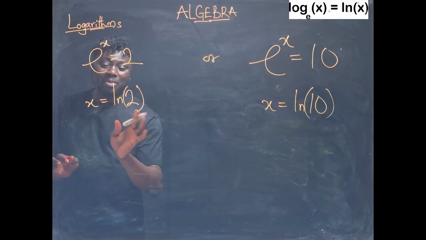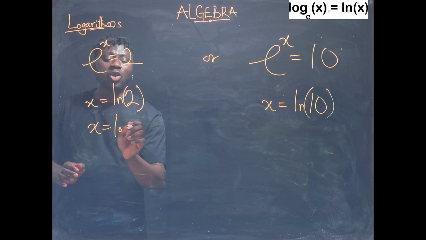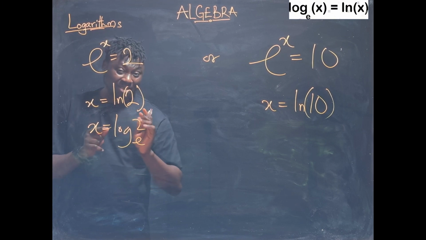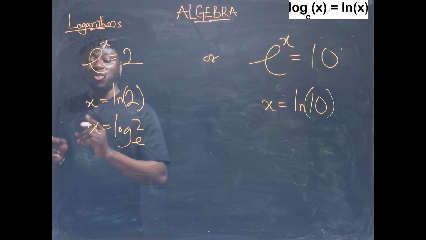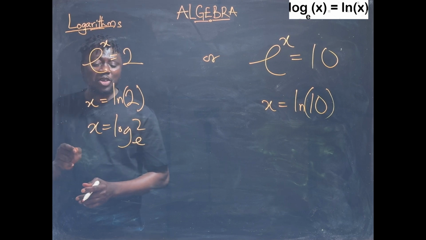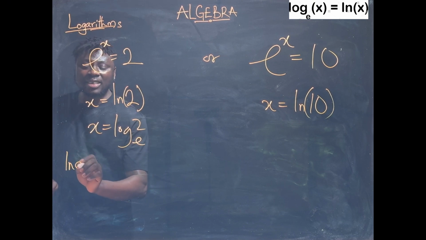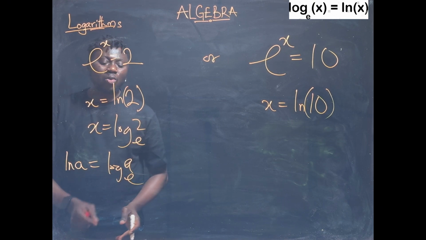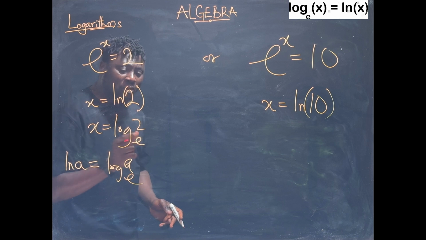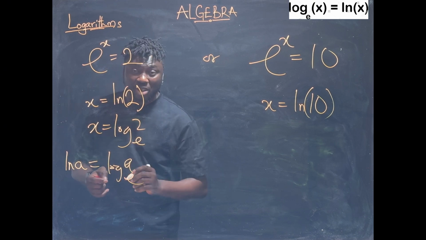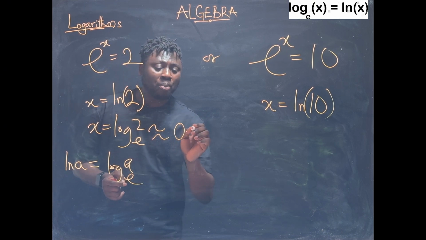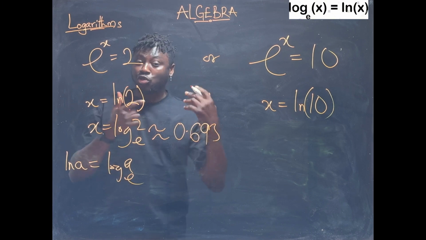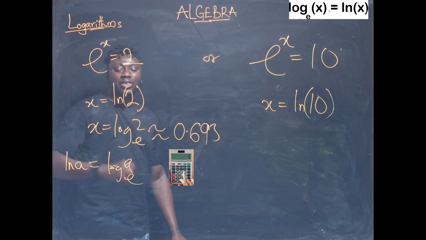Now this is the same thing as x is equal to log 2 base e. Why? Because we have said at the beginning of this video that ln a is equal to log a base e. So the numerical value of this, you have an approximate value of 0.693 if you punch this in a calculator.